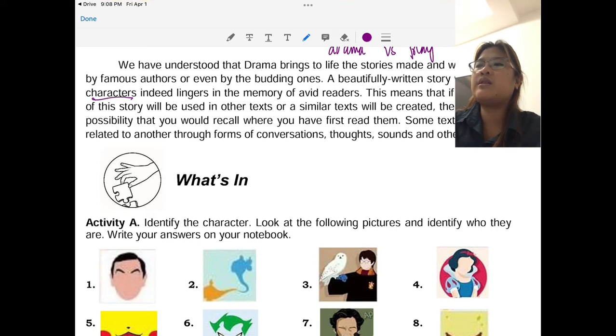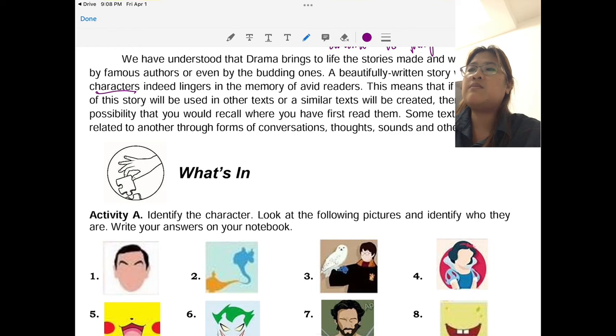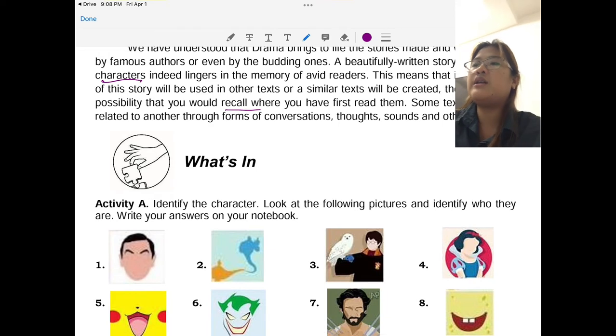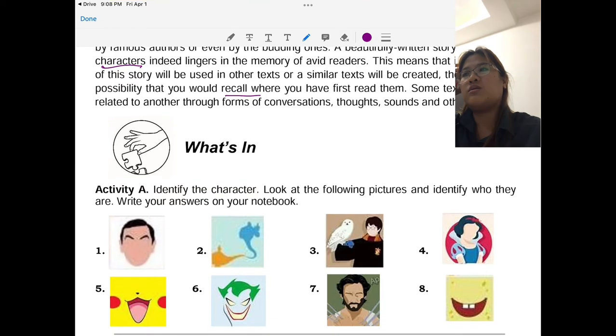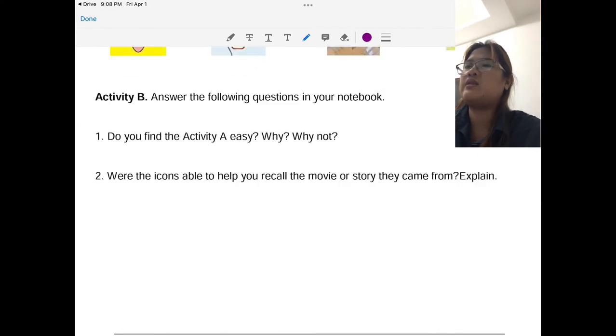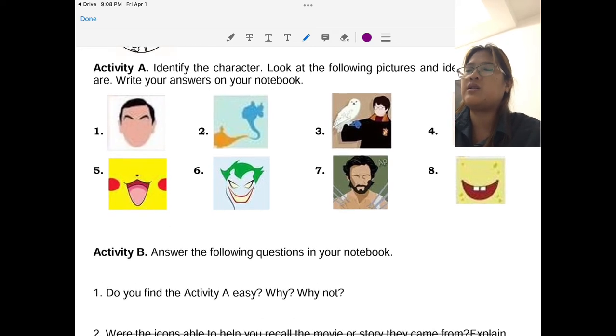A beautifully written story with distinct characters lingers in the memory of avid readers or even audience. This means that if ever a part of the story will be used in another text or similar texts will be created, there is a sure possibility that there would be recall. Some texts are related to one another through forms of conversations, thoughts, sounds, and other activities, and that's what actually leads to intertextuality.